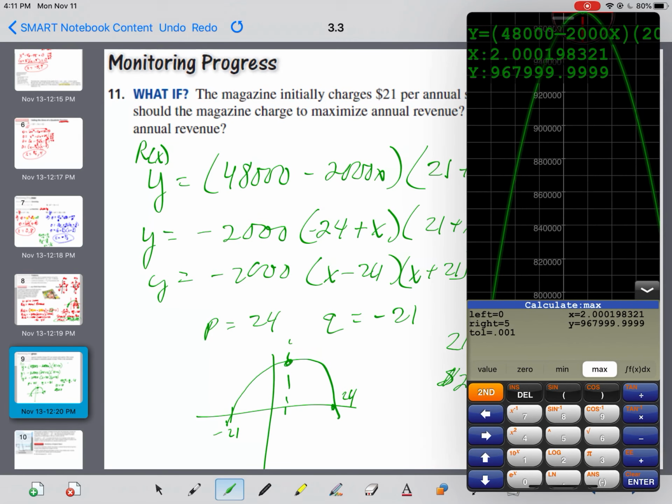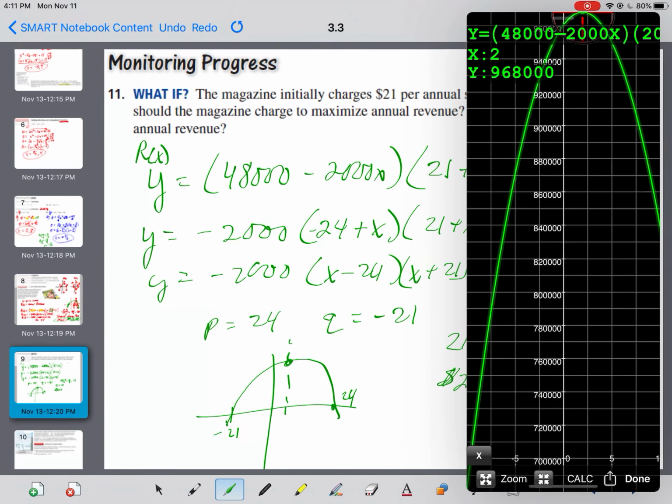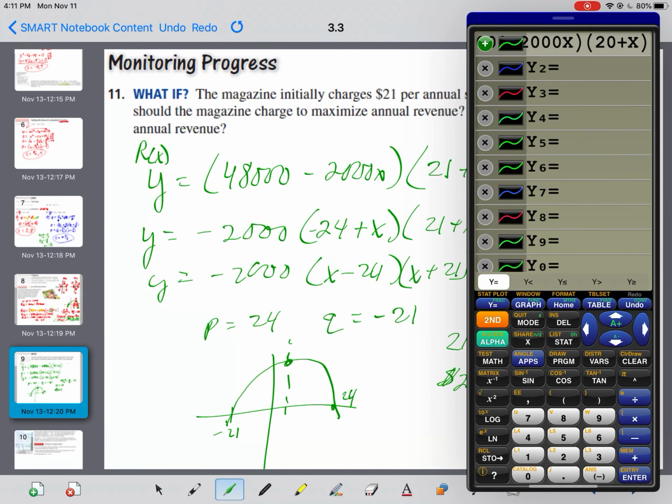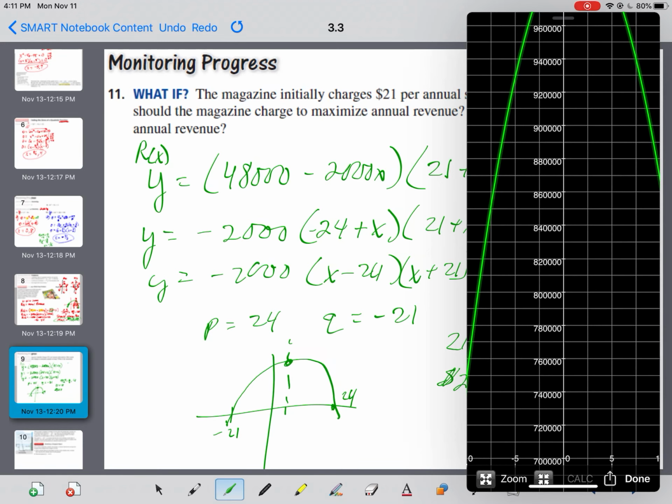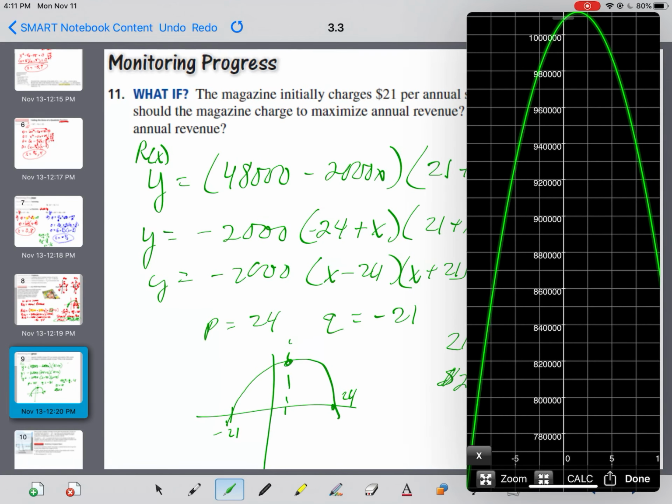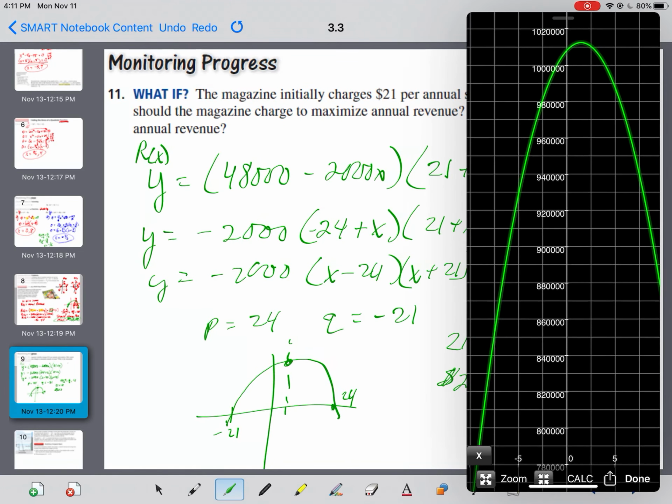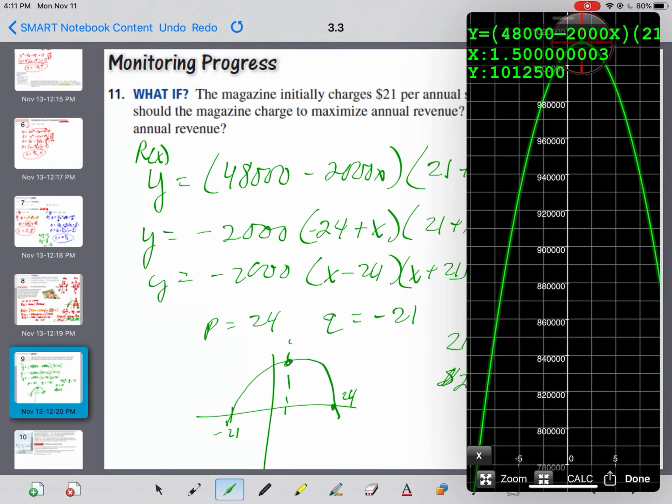I'm going to go back to my TI-83 because it's already in there. If I go done, back to y equals, and now all I have to do is just change that to a 1. Right? Just want to change that to a 1, then regraph it. And go zoom fit this time, get it on there. I don't know what that little tall place is up there. 1,012,500, because there's my 1.5 mark, right?